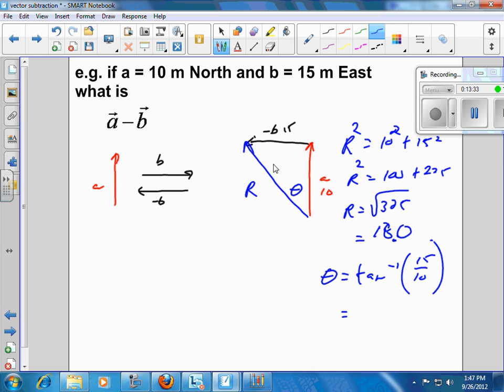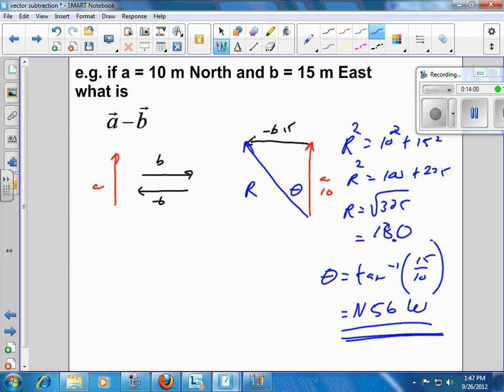No, it can't be 45 because it's 15 and 10. 84? No, it wouldn't be that much. Maybe 68. I got 56. Yeah, 56.30. North 56 west, I believe. Pretty sure. There you go.